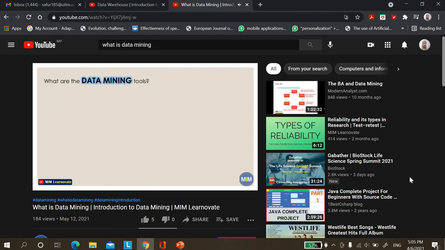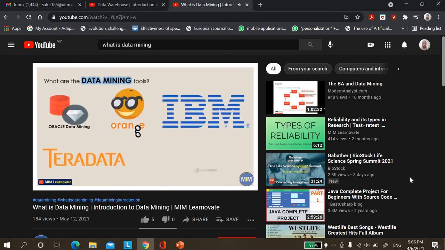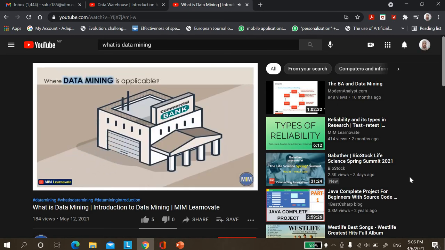What are the data mining tools? Oracle Data Mining, Orange, IBM, Teradata, RapidMiner. Where data mining is applicable. In banks, data mining is used for fraud detection. By analyzing past transactions that were later determined to be fraudulent, banks can identify patterns. Card marketing. By identifying customers, segment card issuers, and improved profitability with more effective acquisition.